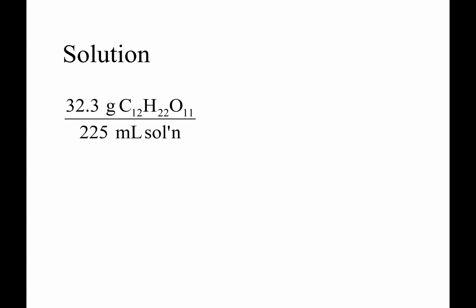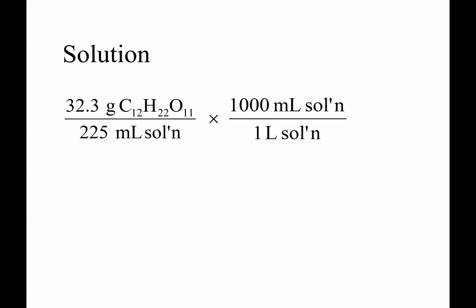How many milliliters in a liter? 1,000, yep. So I'm going to want units of 1,000 milliliters in the top and 1 liter in the bottom. Now my units of milliliters of solution cancel, and I'm left exactly with what my target units wanted to be, which is grams of sucrose per liter of solution. Ta-da!